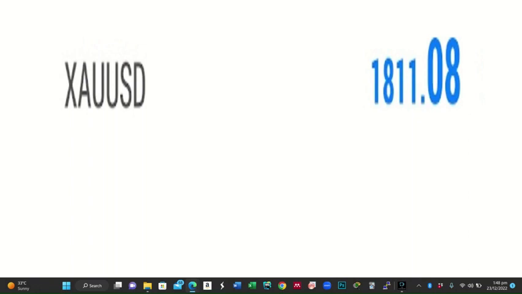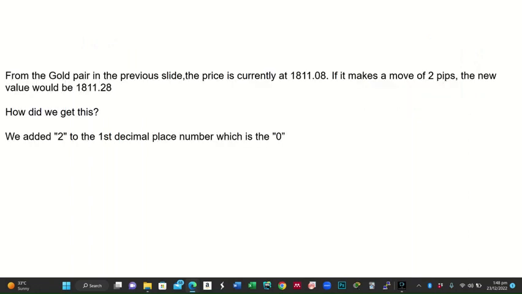I told you earlier that for gold, the pip calculation starts from the first decimal place. So how are we going to calculate it for XAUUSD? From the gold pair in the previous slide, the price is currently at 1811.08. So if it makes a move of 2 pips, the new value will become 1811.28. How did we get this?